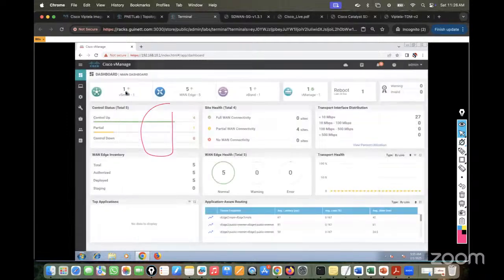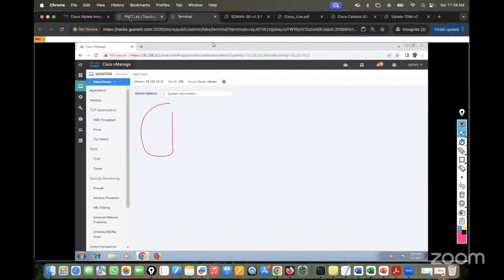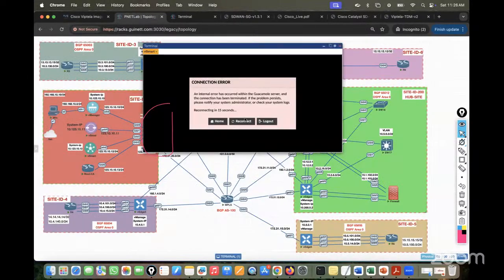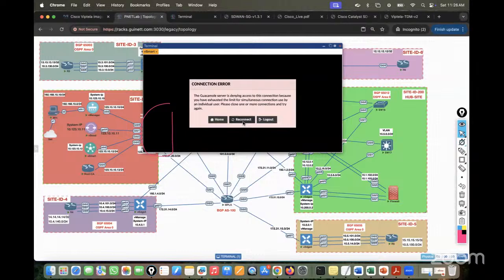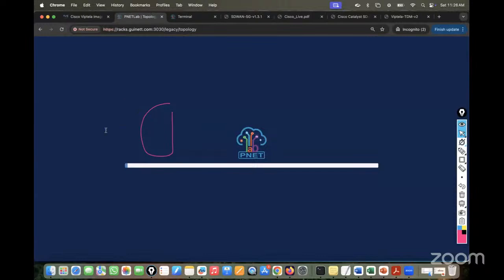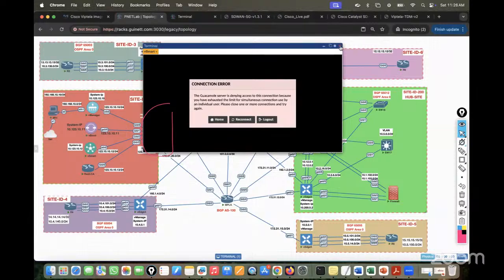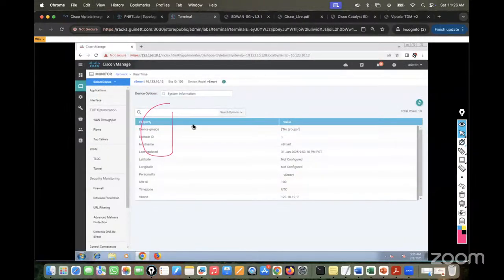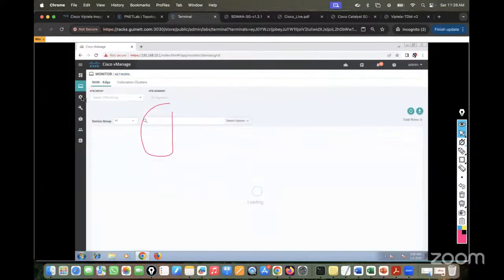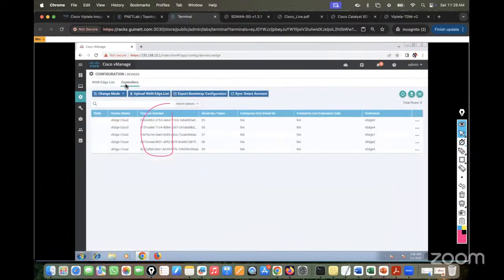But if I talk about the controller, that is the vSmart controller. I'll show you how the configuration looks in real time from the GUI, and you can see the CLI as well. I click on real time, go here to devices, controller.